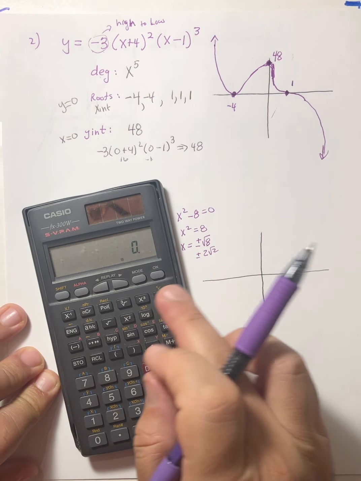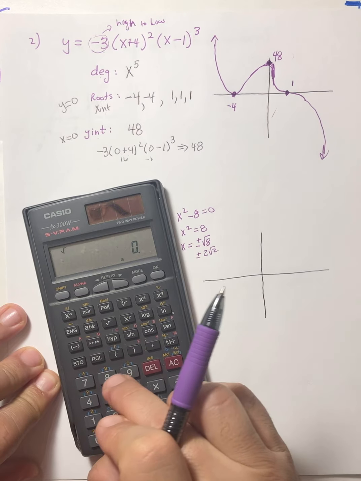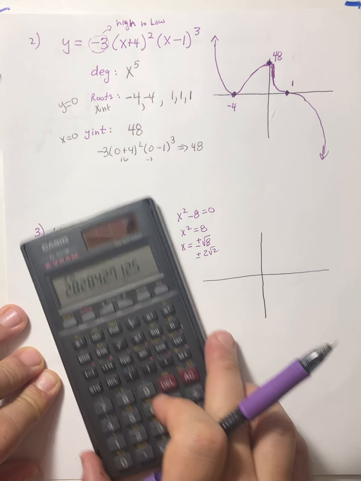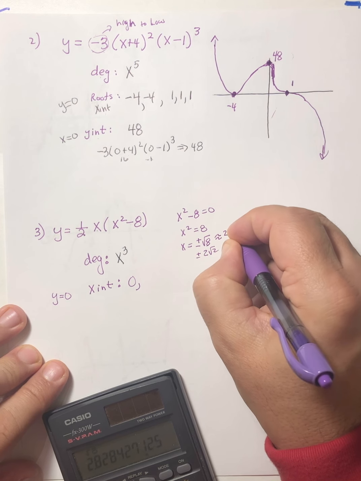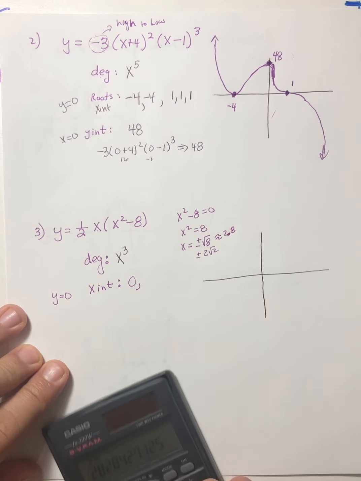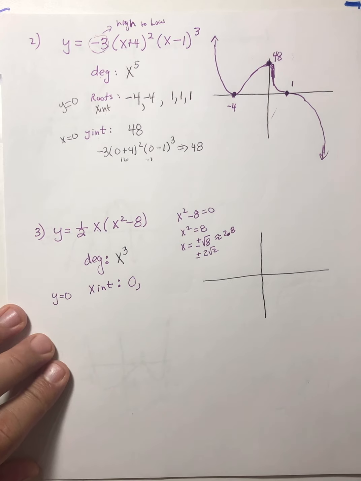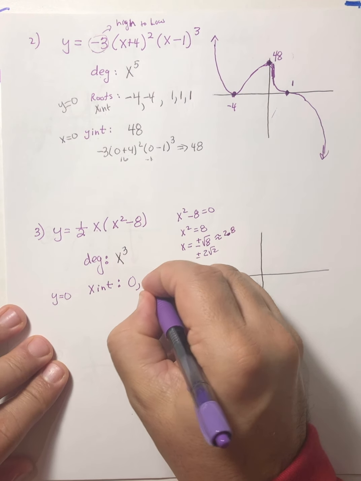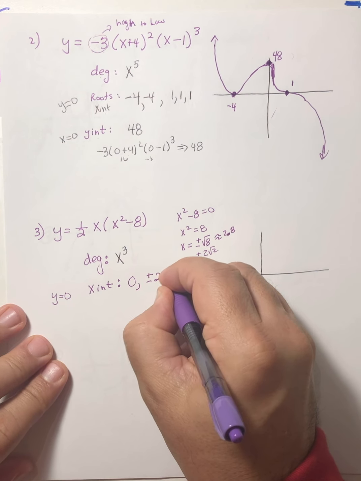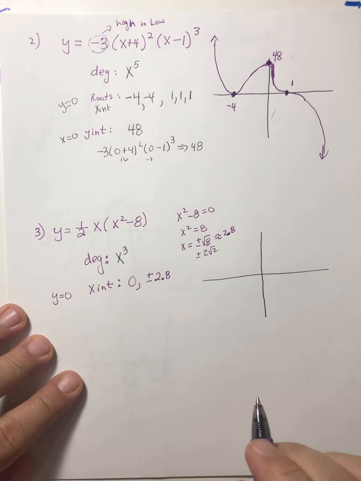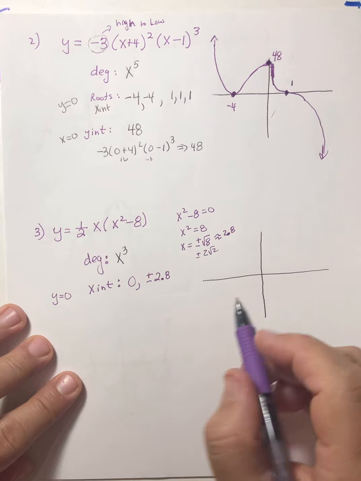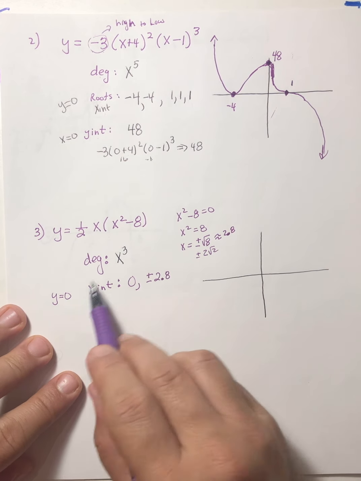Pull out the old handy-dandy calculator. Square root of 8, 2.8. So we have plus and minus 2.8, also known as the square root of 8, ish.